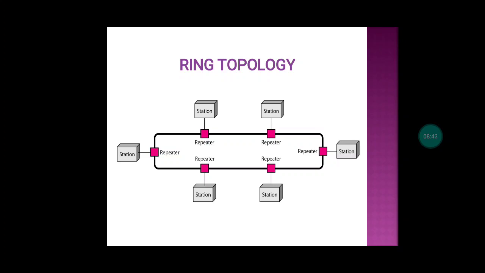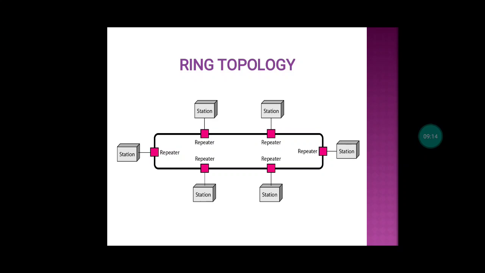Now another one is ring topology. In this type of topology, we can see that there is a ring sort of arrangement. So that is why it is called ring topology. Each device is connected to a single cable, and each of the devices incorporates a repeater, so that the signals received from the previous end can be regenerated and further retransmitted to the next device ahead.